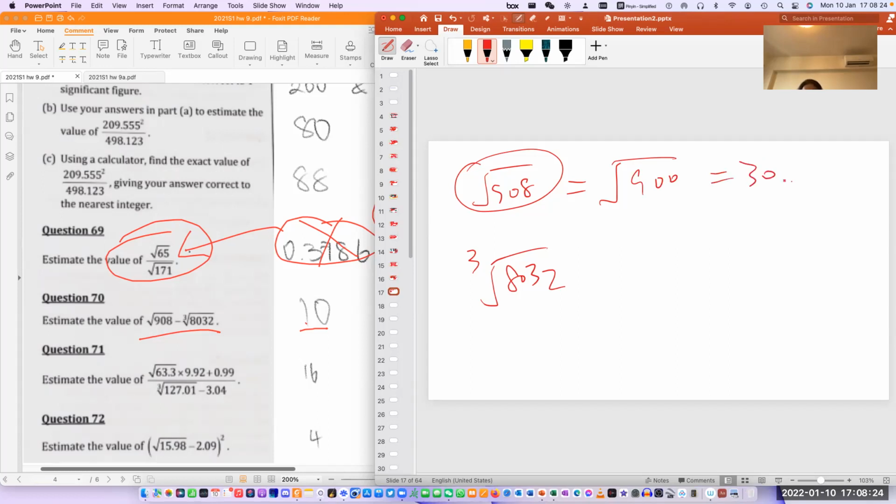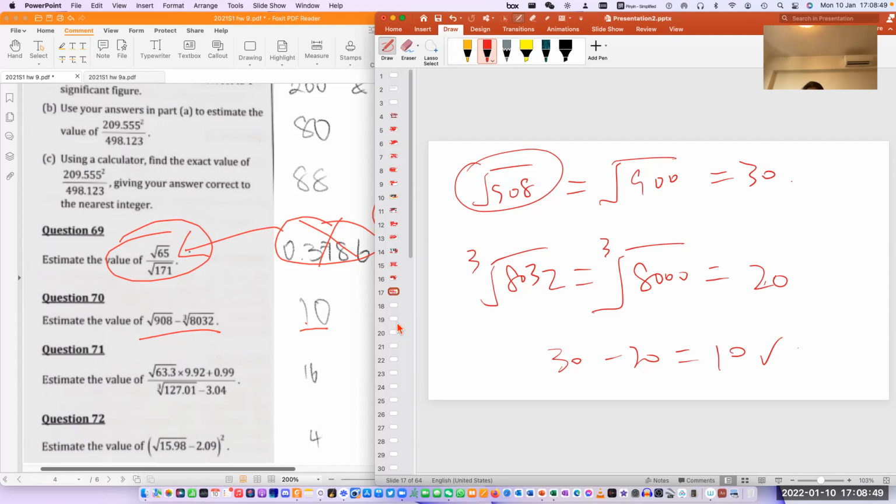You get 30. Now what about this? Square root of 400, so you get 20. Therefore 30 minus 20 is 10. This is one way to estimate this.